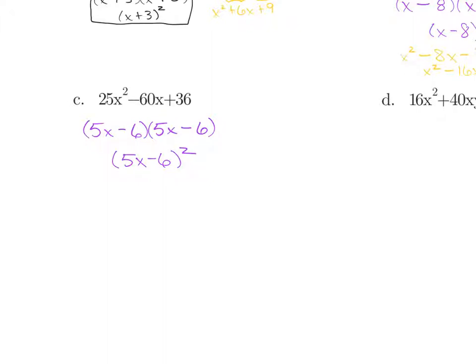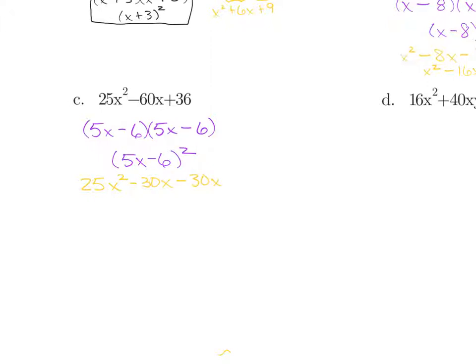If we check this, we want to start by multiplying the firsts. The firsts give us 25x squared. Outsides, we get 5x times negative 6, we get minus 30x. Insides, we get negative 6 times 5x is negative 30x.